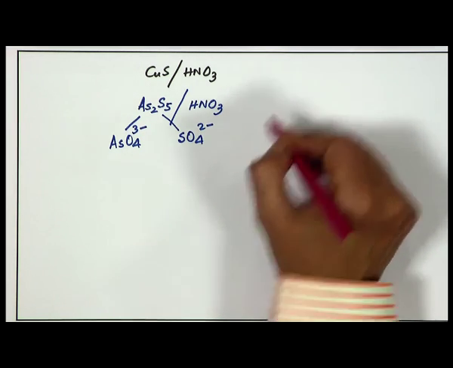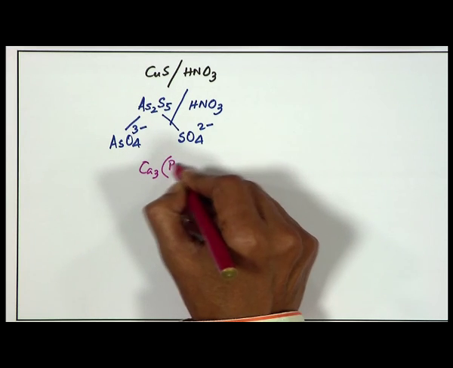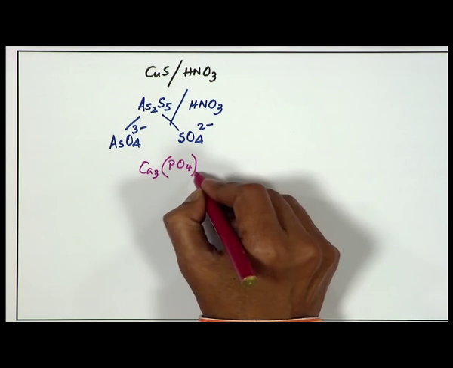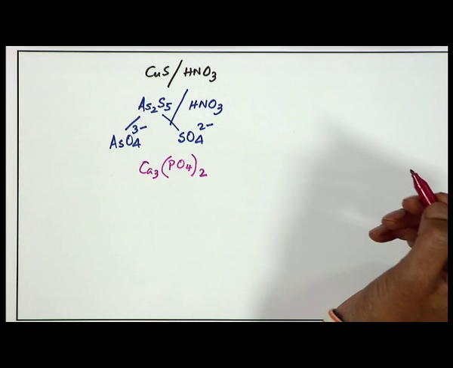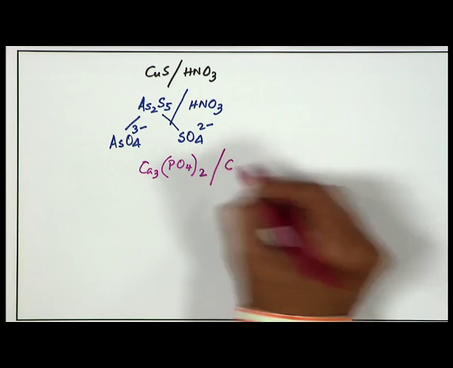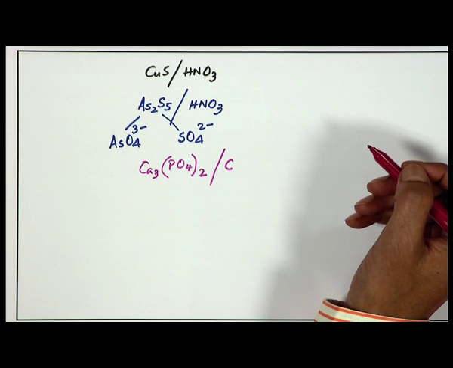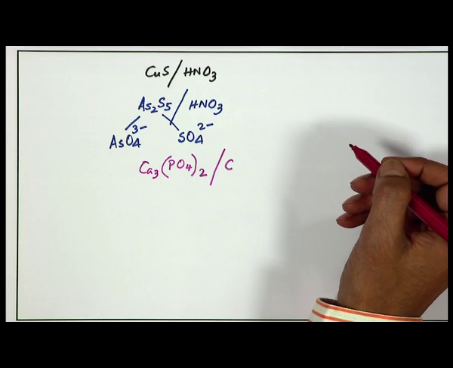Similarly, we can have Ca3(PO4)2, which can be reduced by coke or charcoal or carbon. That means the carbon reduction process, which is a typical industrial process we know.